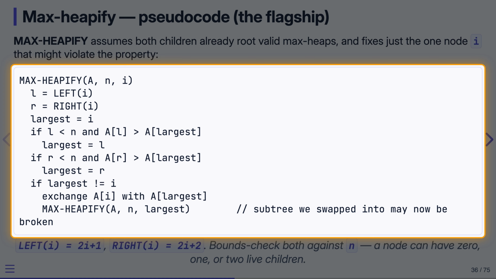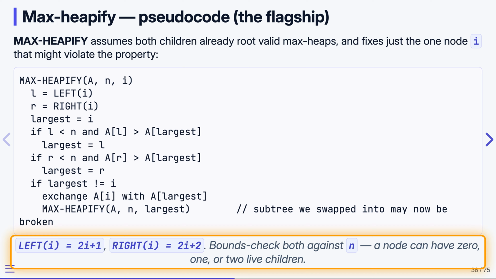We do the same check for the right child. Now largest holds the index of the biggest of the 3. If largest is not equal to i, we swap A at index i with A at index largest. Then we call Max-heapify again on that child, because the subtree we swapped into may now be broken.